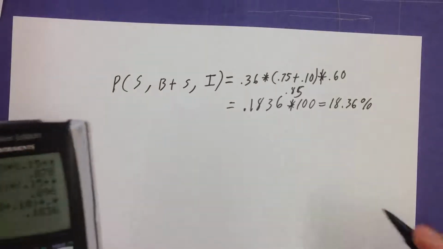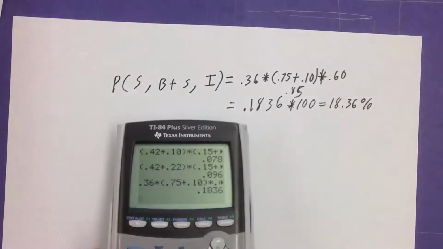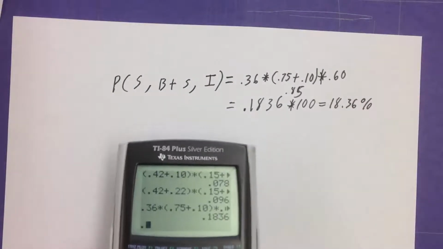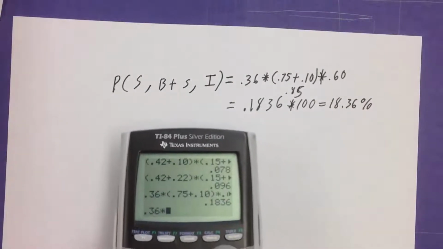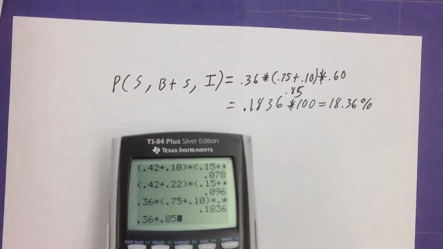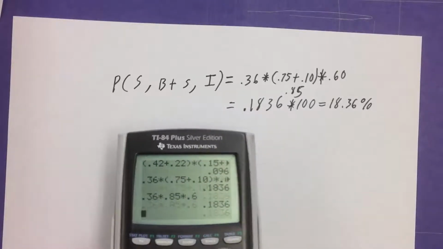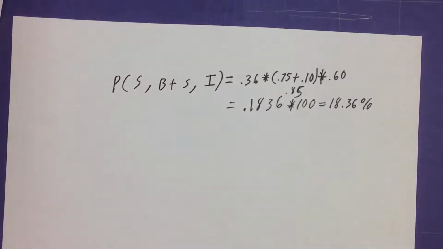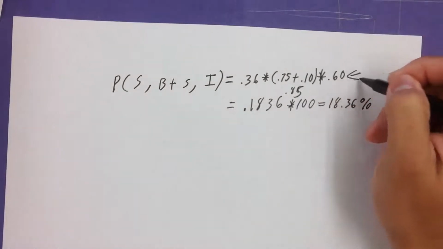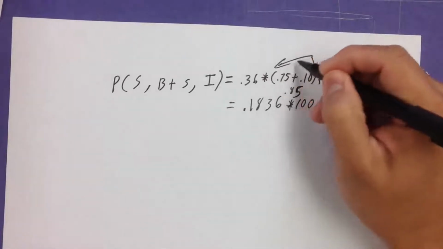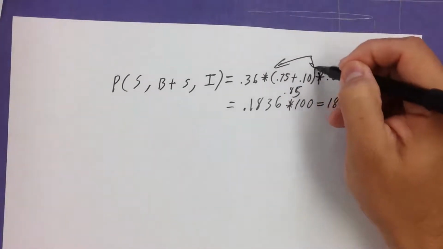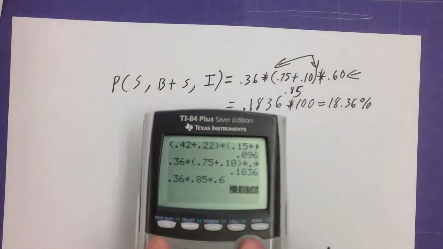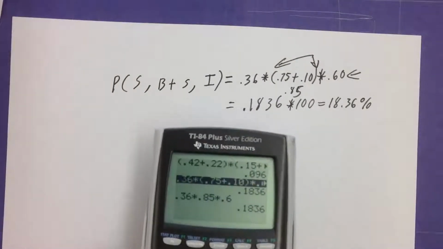Also, if I want to do it the other way, let's see if that works. 0.36 times 0.85 times 0.6. You still get the same exact number, so you don't need to worry about that. One warning, if you do it with this method, make sure you keep your parentheses. If you don't have the parentheses, you're going to get something wrong. So watch. Let me show you with this one.